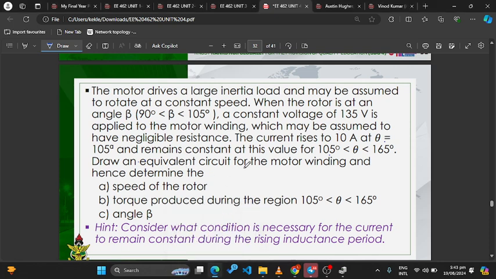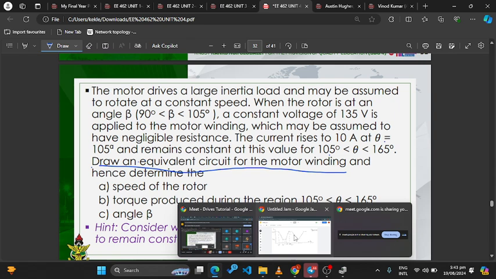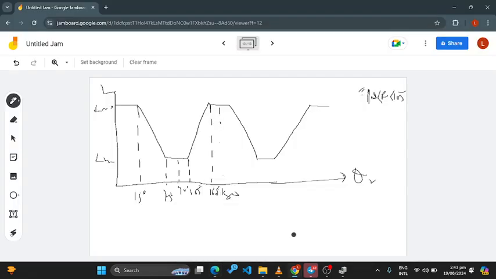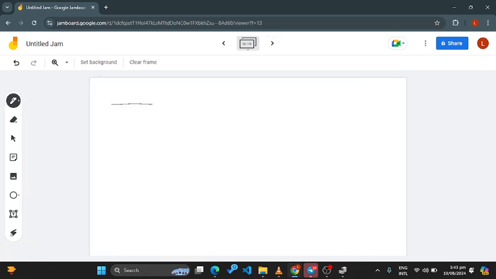So draw an equivalent circuit for the motor winding and hence determine the following. This question is not asking you to draw the sinusoidal one. It's asking you to draw this one, the equivalent circuit.